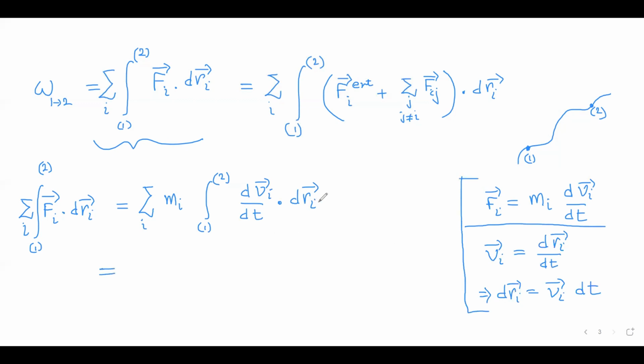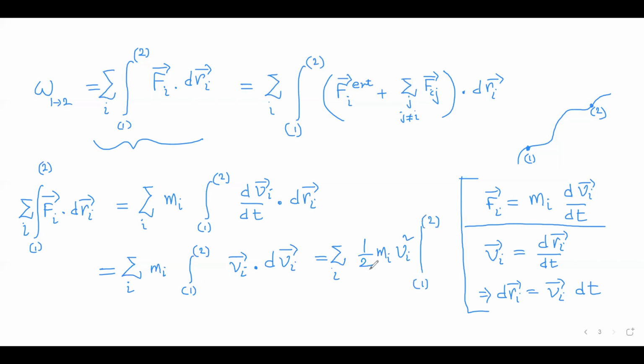Now if we put it here in place of dri, dt will cancel and we will get vi dot dvi. The dot product is commutative, so we can put the dvi after vi. So what is this term? This term is the sum over i of half mi vi squared from point 1 to point 2.